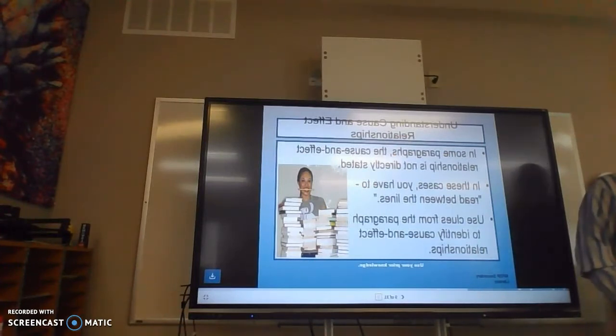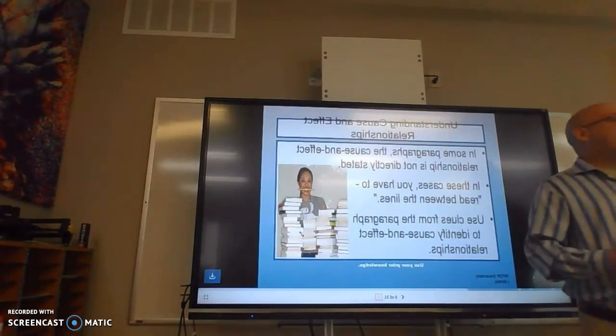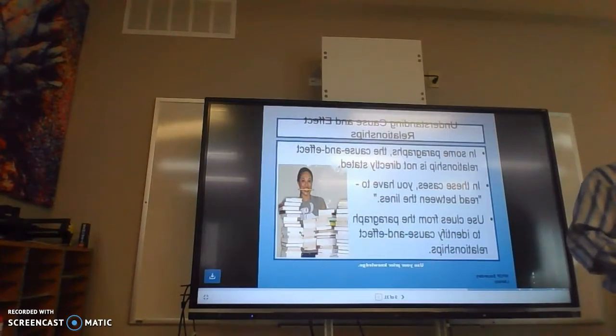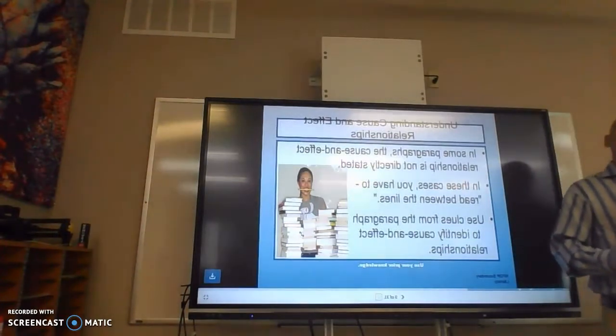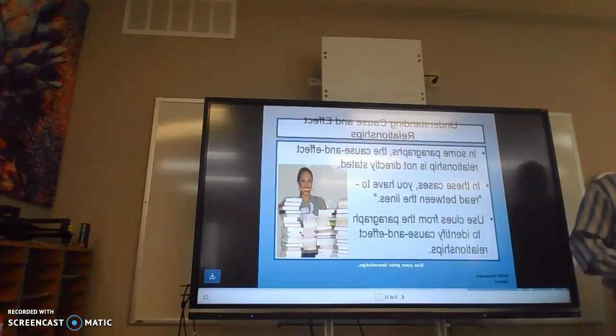So in some paragraphs and sentences, the cause and effect are directly stated, and some you have to infer what either the cause or the effect was.